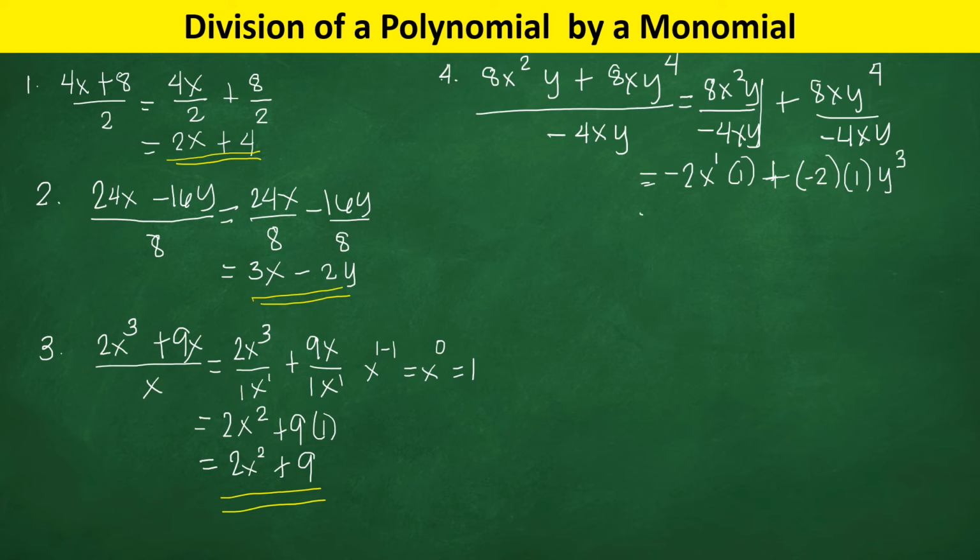Then for our final answer, we have negative 2x, positive times negative is negative 2, so this is negative 2. Negative 2 times positive 1 is negative 2, then copy y cubed. So our final answer is negative 2x minus 2y cubed.